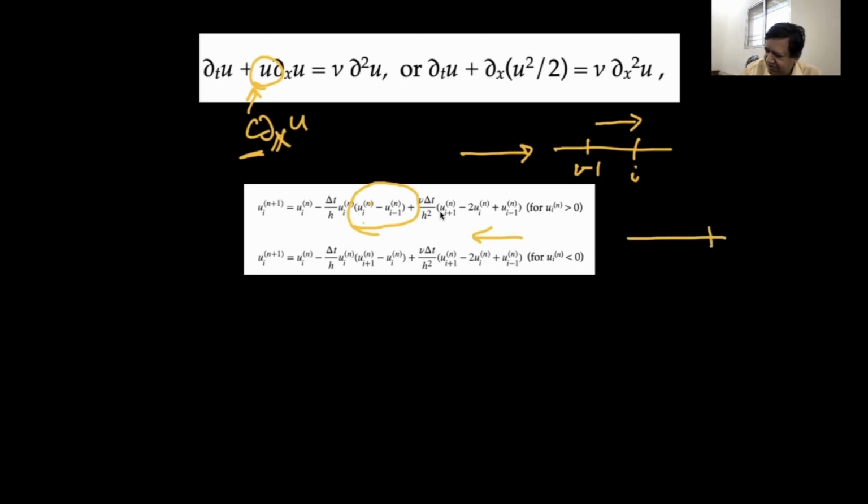But when it's moving to the left, then i is affected by i plus 1. So we use u_{i+1} minus u_i. So this part is the upwind.